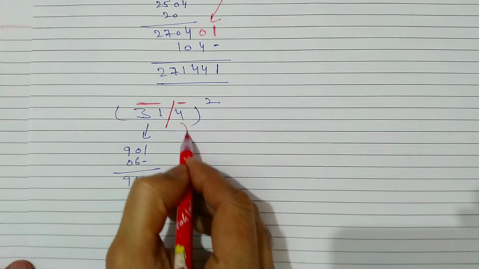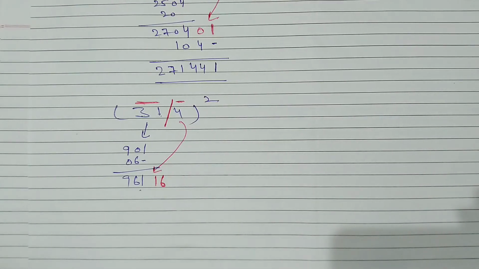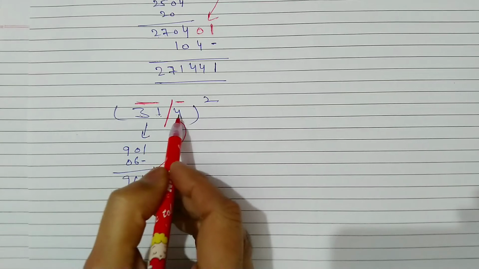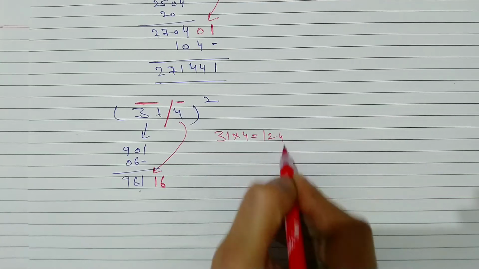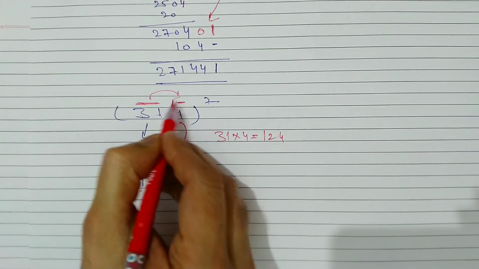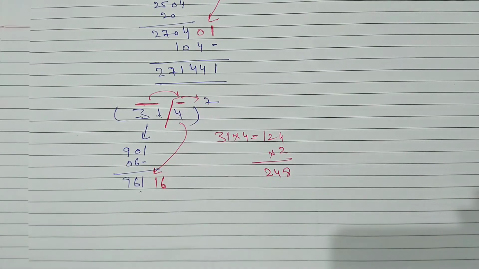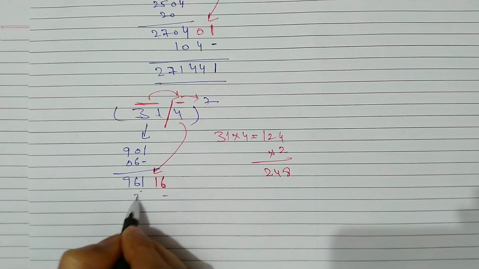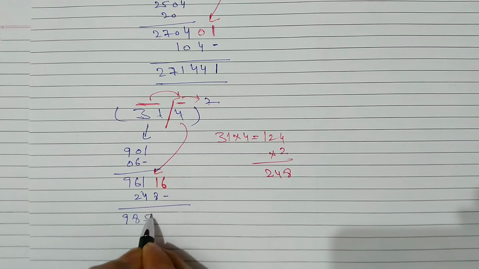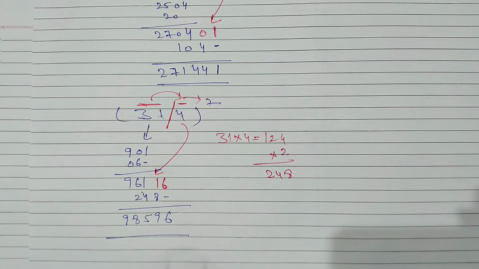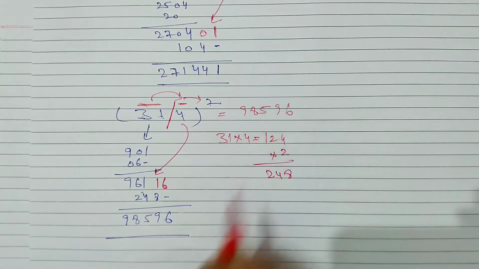Now 4 square is 16. Now 31 into 4 into 2 is 248. So write 248 over here, which gives 98596. So the square of 314 is 98596.